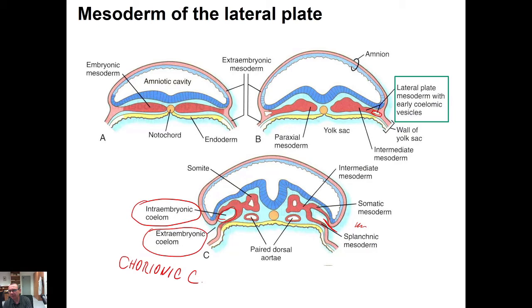Somatopleuric or somatic mesoderm is connected with the ectoderm, and splanchnic or splanchnopleuric mesoderm is joined to endoderm, and the intraembryonic coelom is a cavity in between. But at this moment it isn't a full cavity because it is connected by this narrow junction with the extraembryonic coelom.